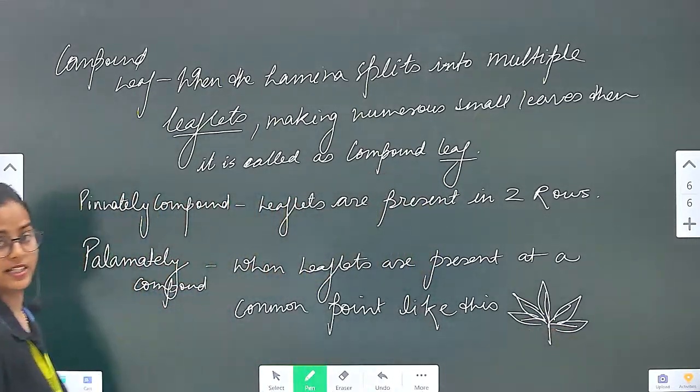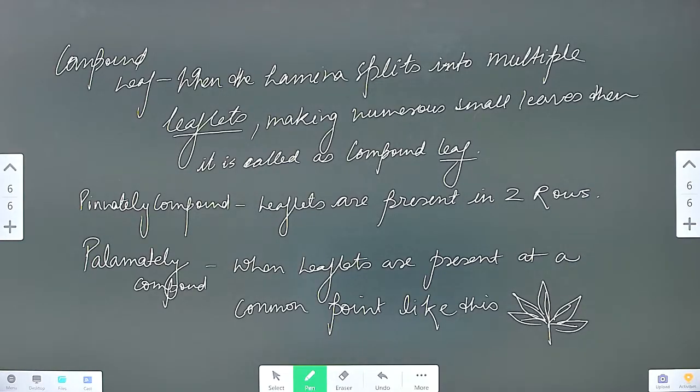Is that clear to everyone? So this is how the pinnately compound and the palmately compound look like. Is that clear to everyone?